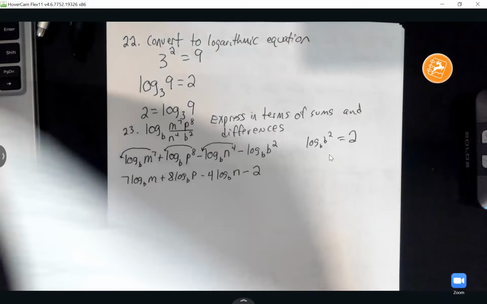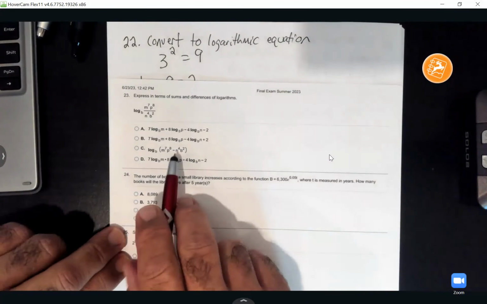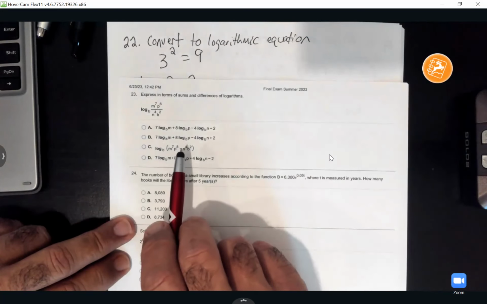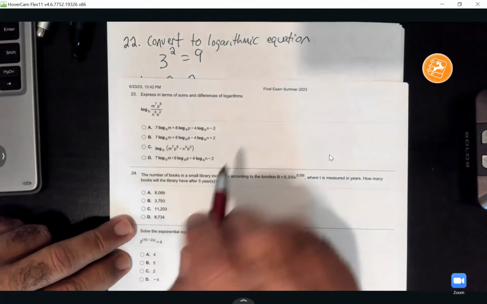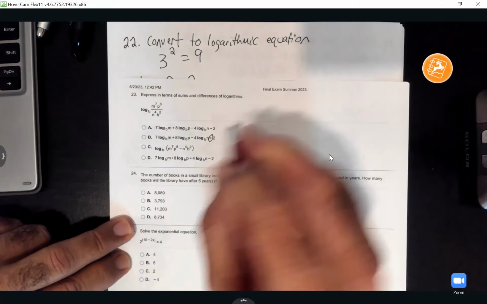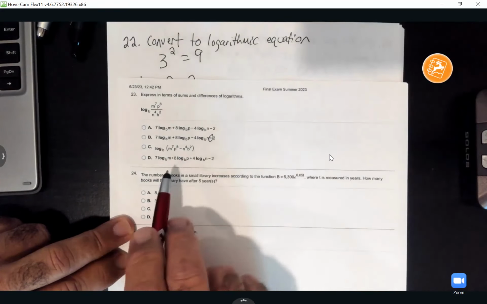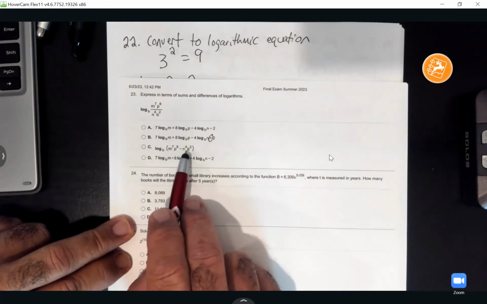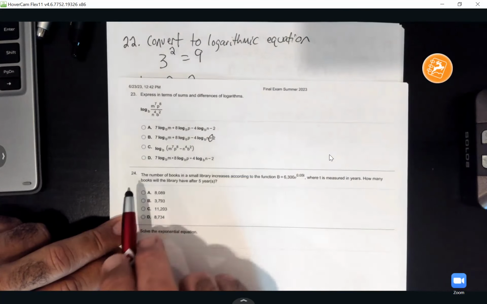Now, what's nice on that one? They got multiple choice answers. Just be careful on this, because this one has a +2 instead of a -2. This one, they didn't separate it out into a plus here, and they didn't even distribute the log to nothing.